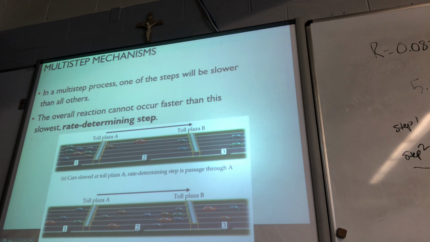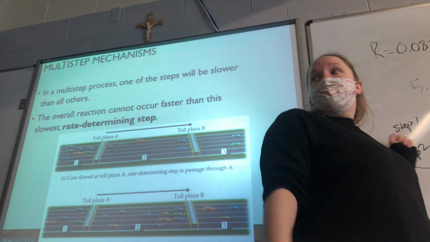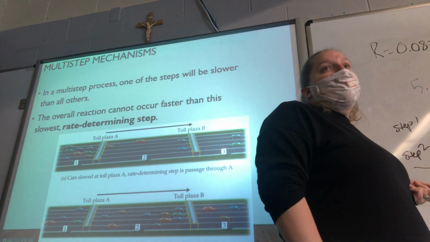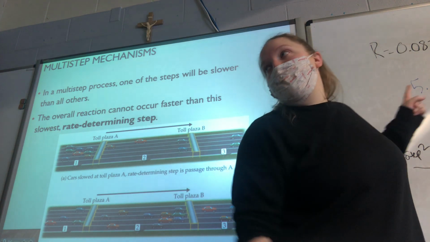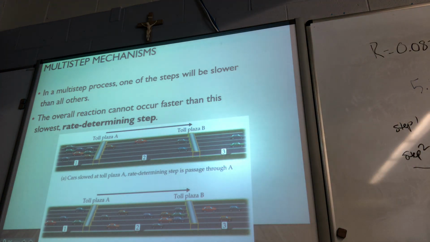In other words, it's the one that determines the fastest your reaction can move. Sometimes the first step is the slow step. That's the one you want. Sometimes the second step is the slow step. That's the more complicated of the situations. We'll learn how to deal with both.